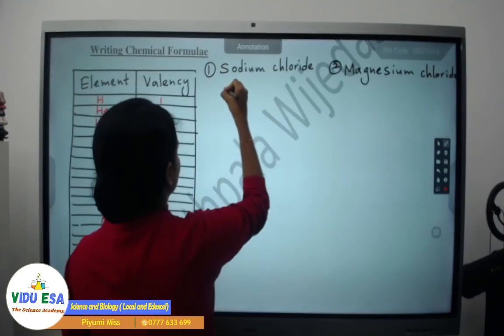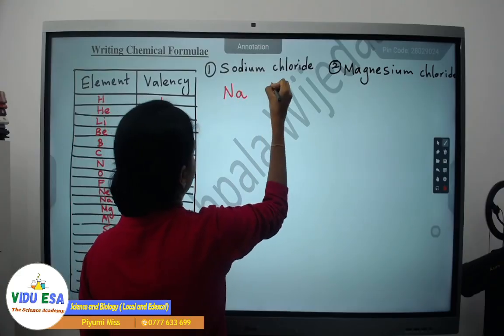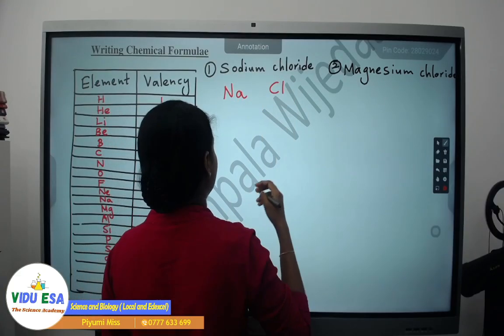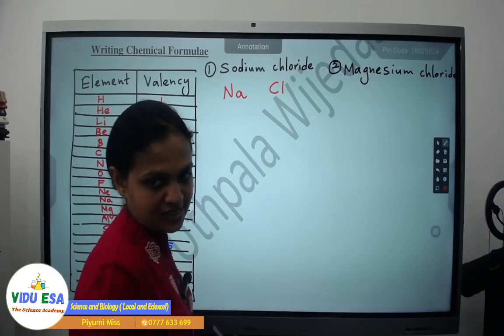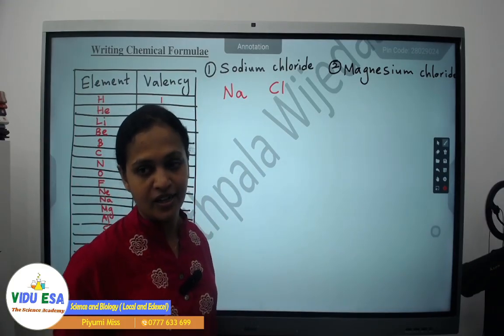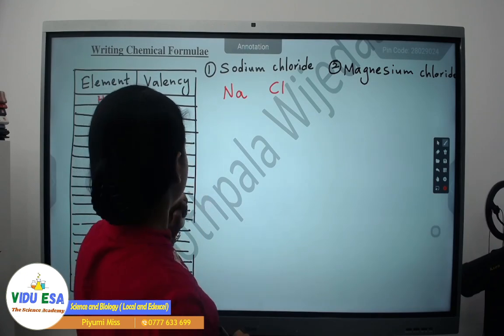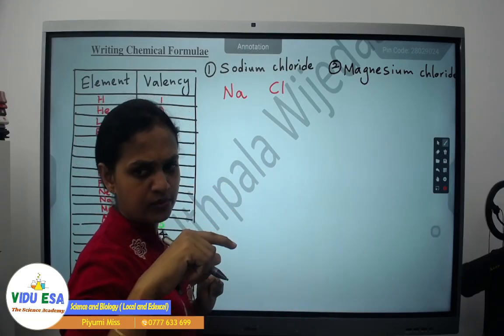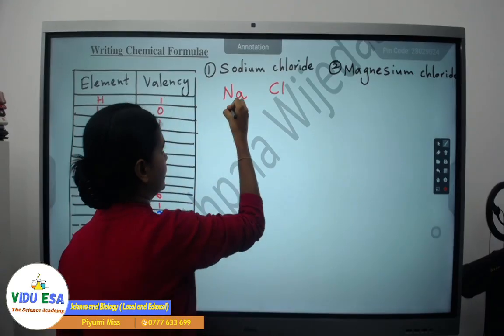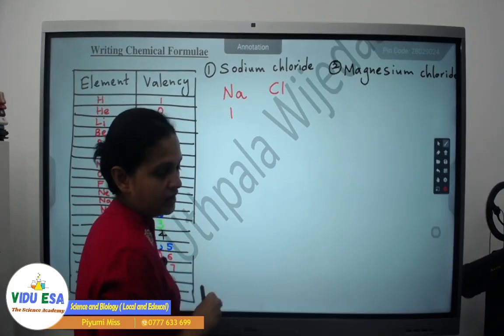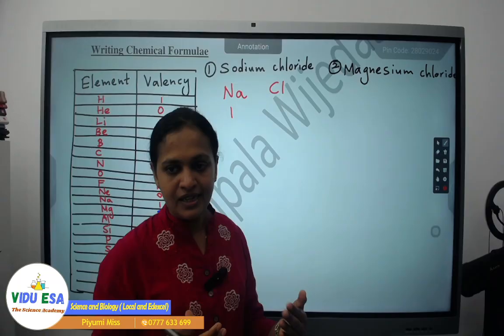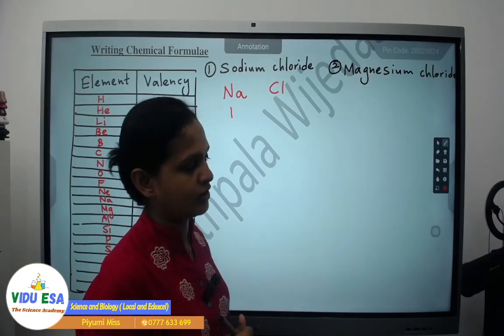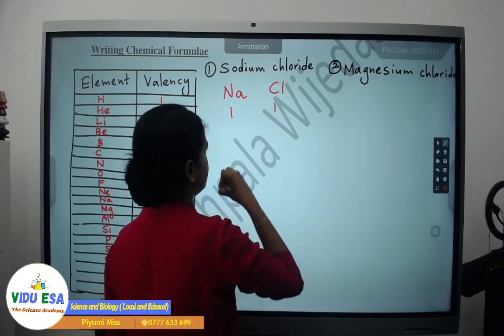Then, in the next step, we have to write the valencies. The valency of sodium is, yes, sodium belongs to group 1. Therefore, it can remove 1 electron. Its valency is 1. Chlorine is 2,8,7. It is easy for chlorine to gain 1 electron. Therefore, its valency is 1.